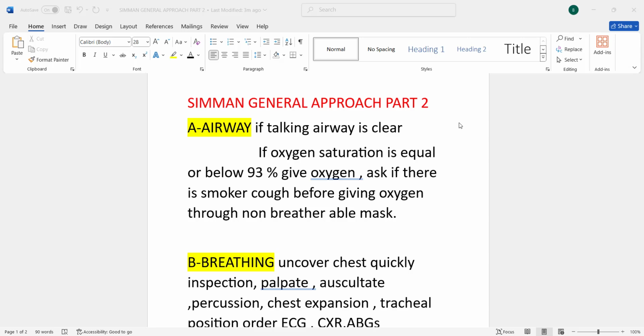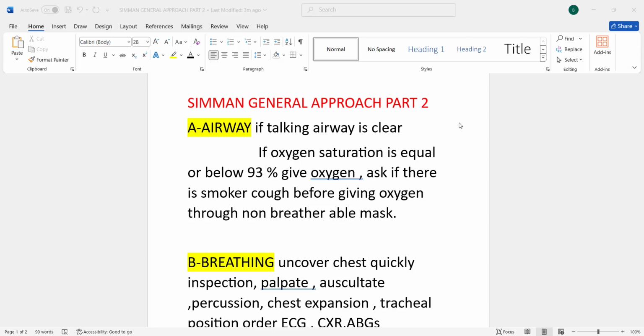So if he has COPD, you will have to give it through a Venturi mask. And the second thing is that if the patient is vomiting, then you can give oxygen through nasal prongs. In the airway, you ask the patient to open his mouth, or if he's already talking, then I believe his airway is clear.